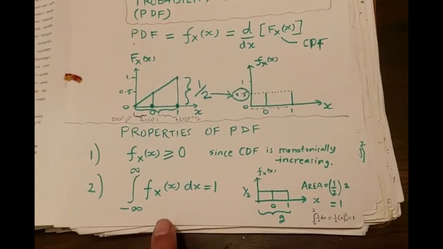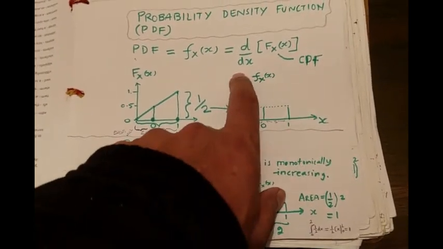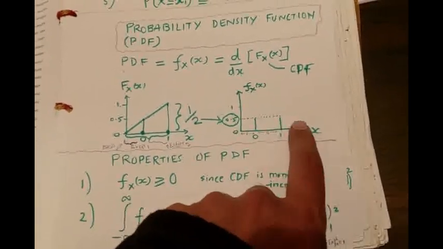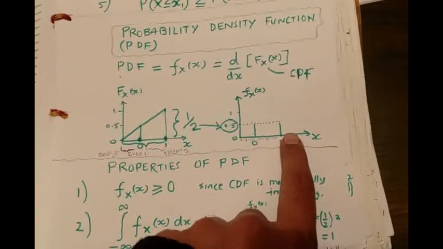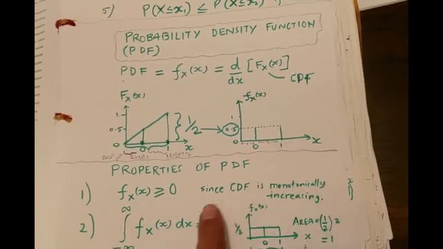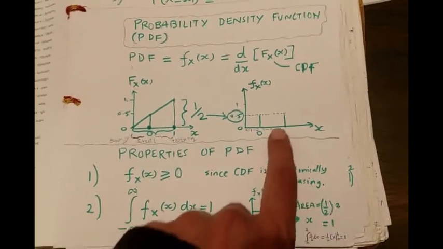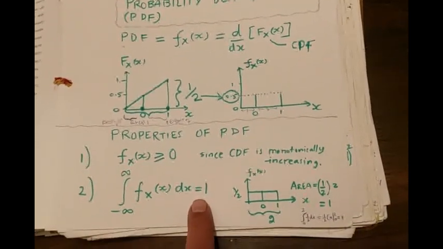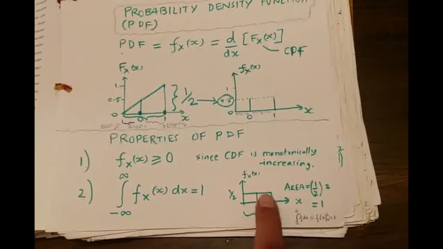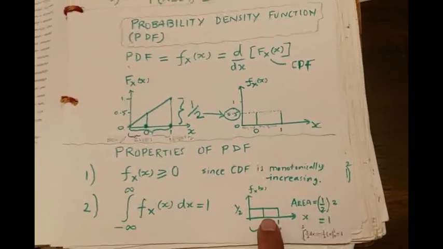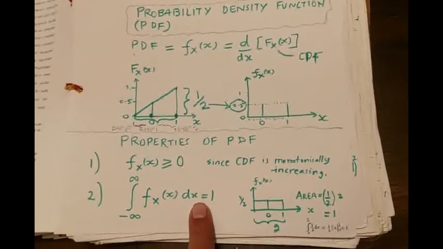Secondly, if we have this differentiated to give all probabilities listed out on the PDF graph, and we integrate or sum up all the values, then all the probabilities will end up as 1, or in a sense we can say the area under this graph will be 1. So this is another property.